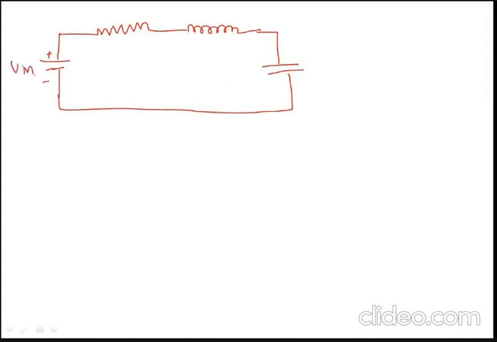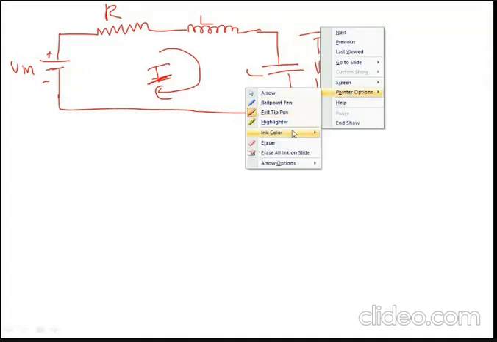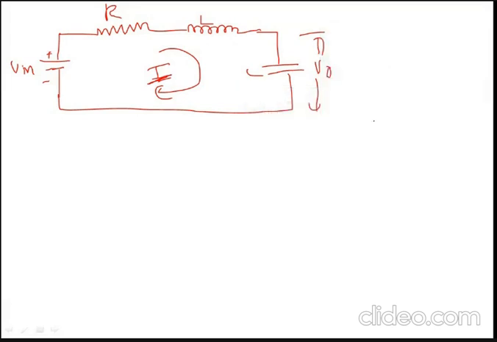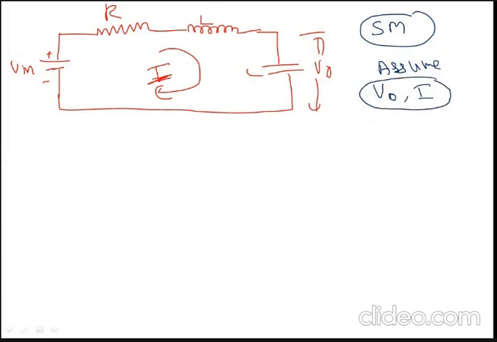V in, R, L and C, V naught, I. So by observation there are three variables, but actually there will be a number of variables, but in this problem he has asked you to represent the state model assuming V naught and I are the state variables. So here the solution, I will solve here.